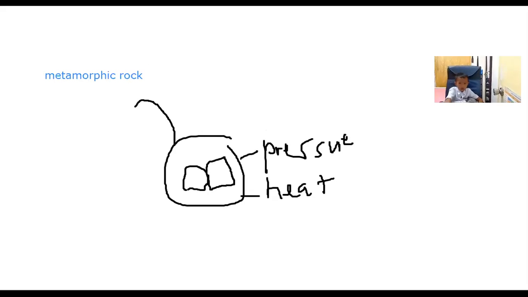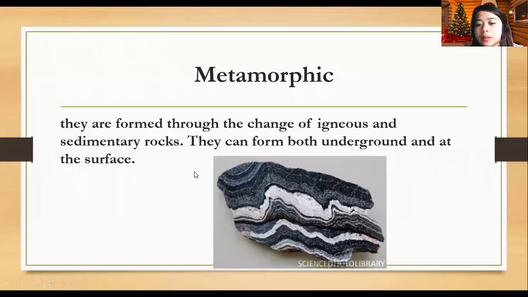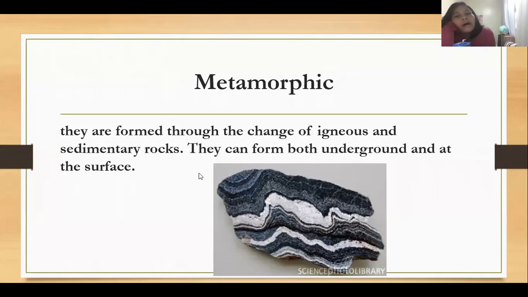So this type of rock is made because of pressure and heat, with the combination of the igneous rock and the sedimentary rock. Okay, do you understand? Yep.